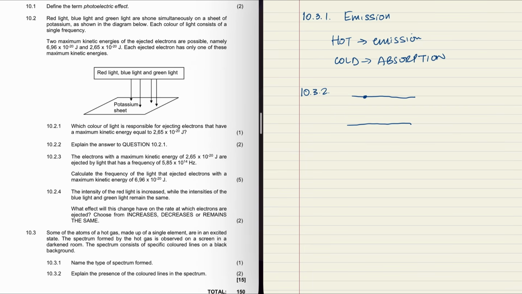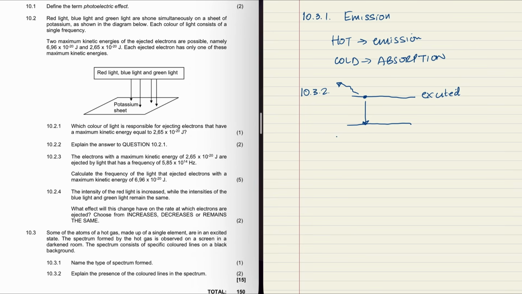So it's in this higher energy level. It is in this excited state. When it goes down, it's going to release energy, right? And that energy is emitted onto the black background in the form of light.